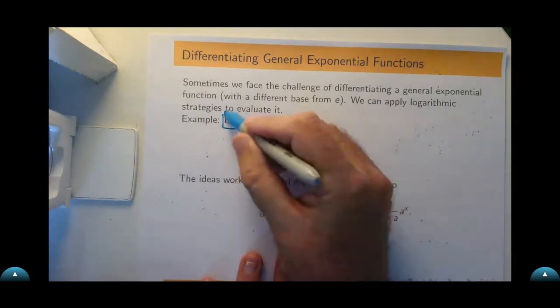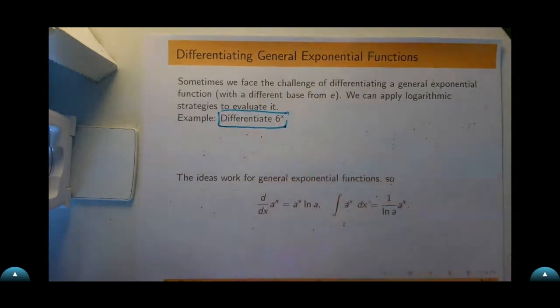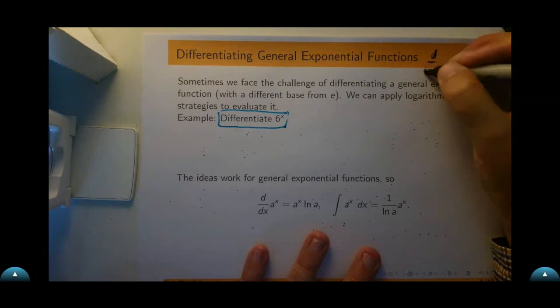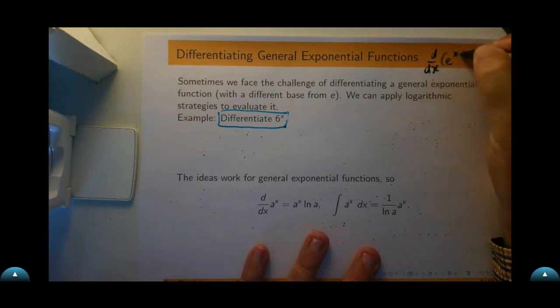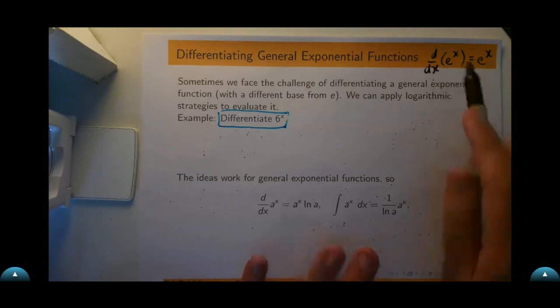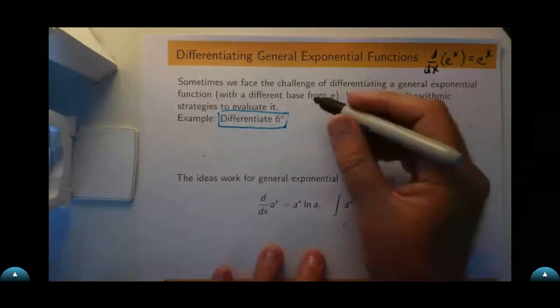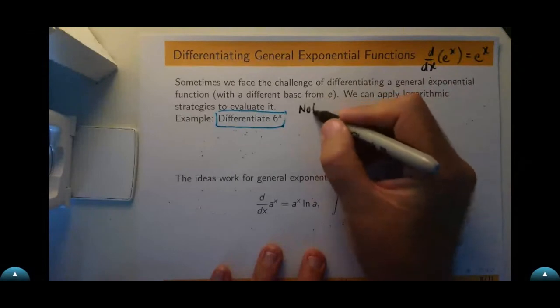Differentiate 6 to the x. Okay, so what some people do is they think this is true, so if I differentiate that, I get 6x. Not true.